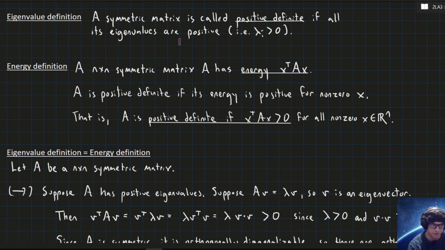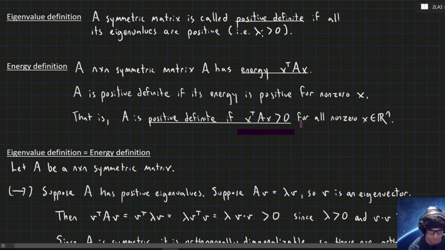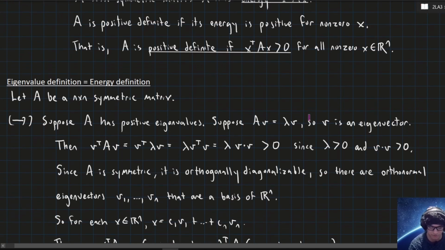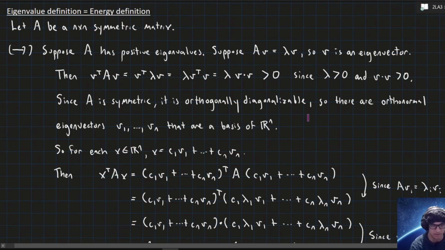Okay, so first we'll prove the forward direction. I'm going to assume that A has positive eigenvalues, and conclude that the energy of A is always positive. So this is sort of a long-looking proof, but it's a good proof because it shows off many of the features and properties of a symmetric matrix we've been talking about.